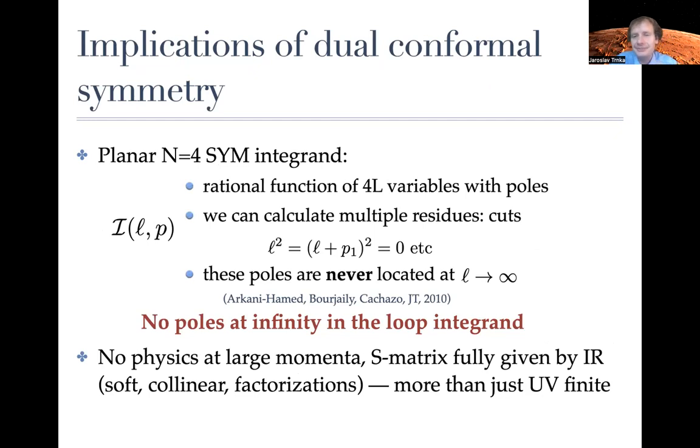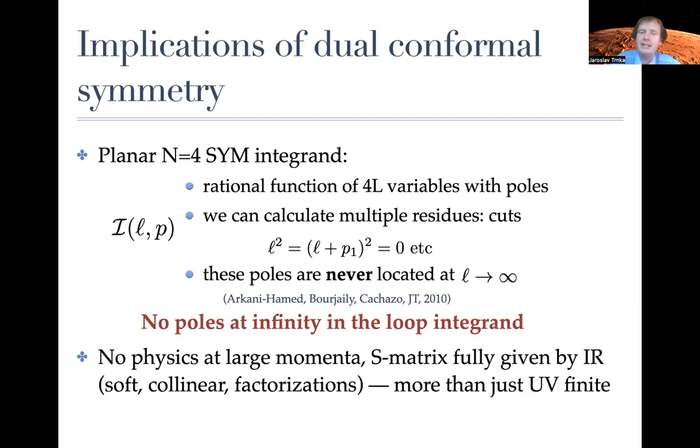But there is a physics perspective on why it's special: all the physics happens in the IR. We know that the theory is UV finite, so it doesn't have any UV divergences, but this is also imprinted in the structure of the integrand, where you never have any pole which sends the loop momentum to infinity.